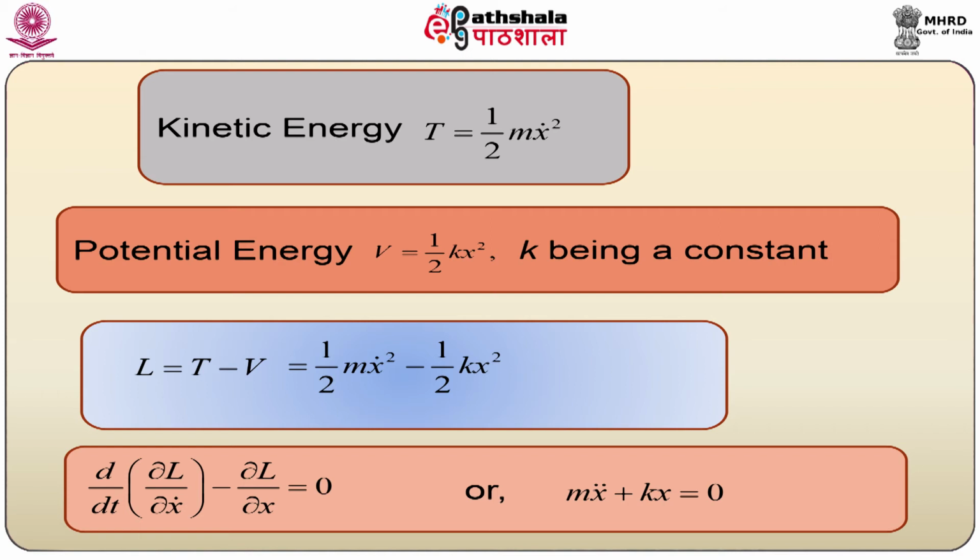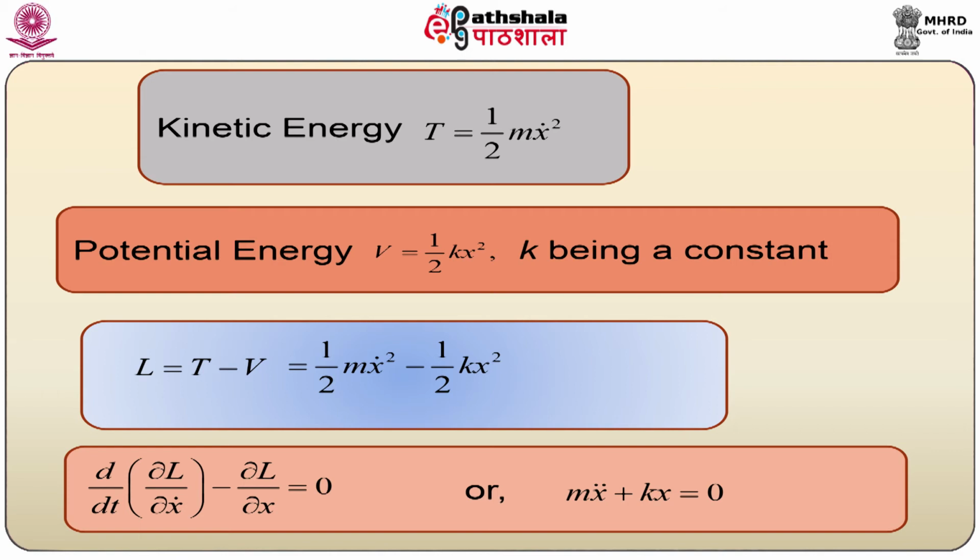∂L/∂x can be found from this term, which gives minus k into x. Here we have another negative sign, so we get positive sign here. ∂L/∂ẋ gives m into ẋ. We are taking the time derivative, which gives m into ẍ.